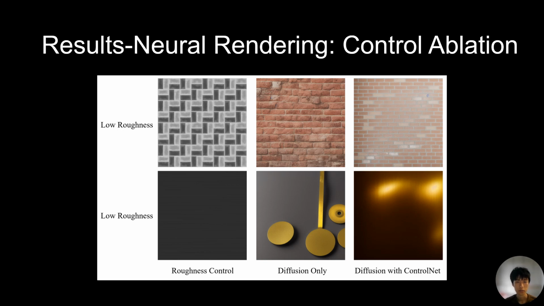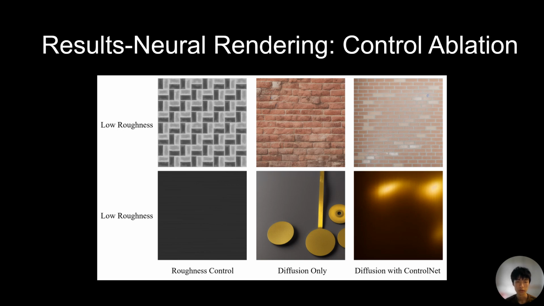And here are some results of the ablation study. We ablate the control in this comparison. We can see that if we remove the roughness control, the output is still realistic, but the visual result is immediately different.